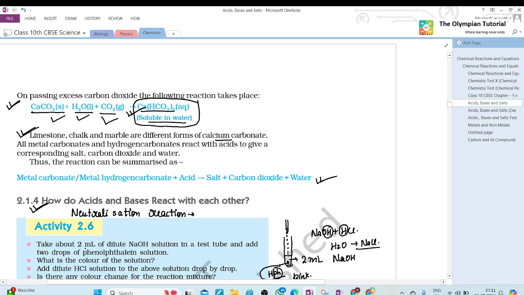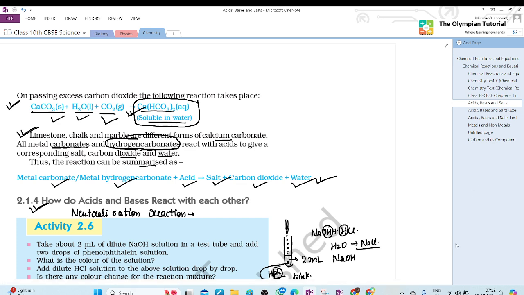So what we learned: carbonates and hydrogen carbonates, also known as bicarbonates, react with acids to give a corresponding salt, carbon dioxide and water. The reaction can be summarized as metal carbonate or metal hydrogen carbonate plus acid gives salt, carbon dioxide and water.